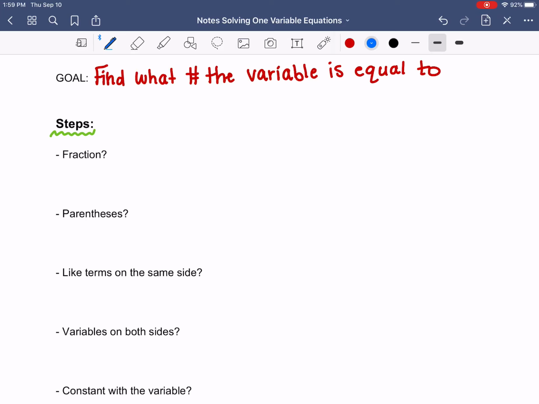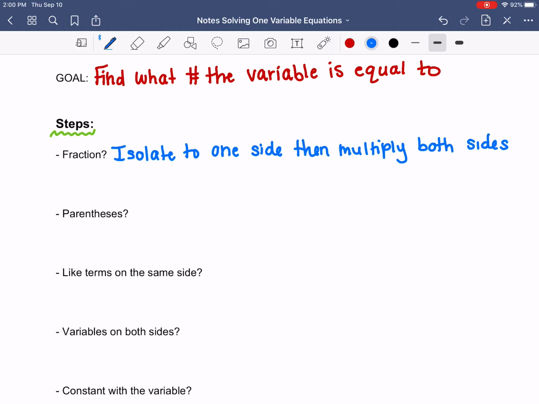It says fraction question mark because obviously not every problem is going to have a fraction, but if you have a fraction, you're going to want to isolate it to one side, then multiply both sides by the reciprocal to cancel. We'll see an example of this in our notes.